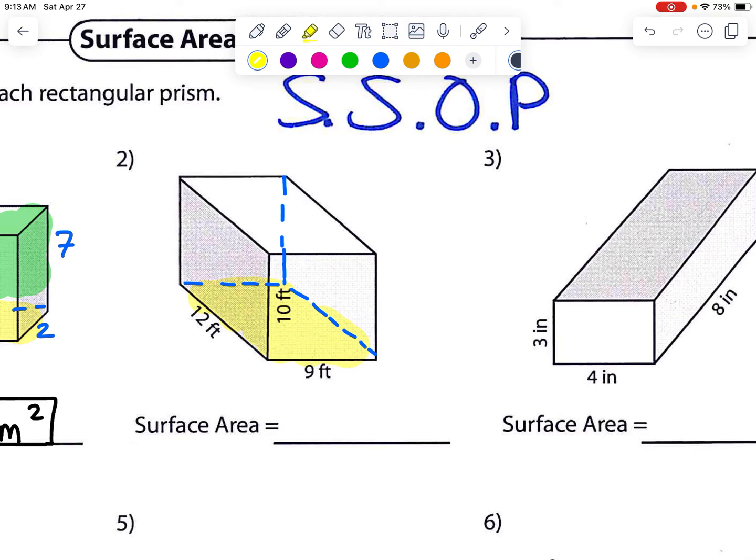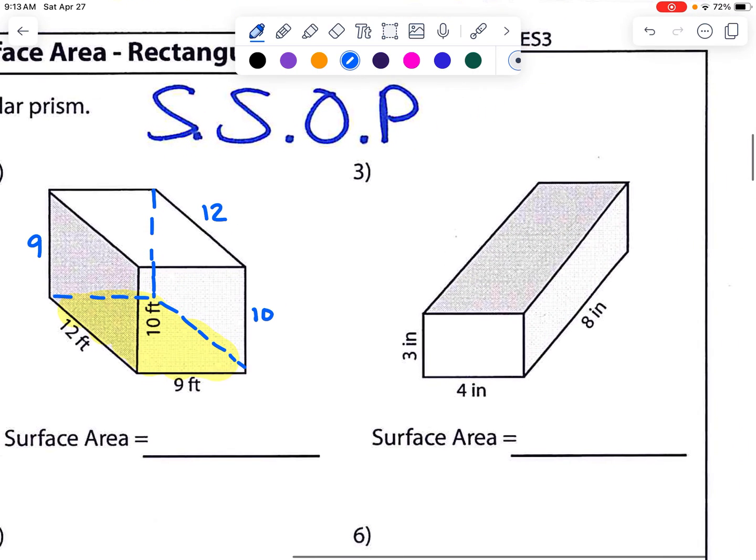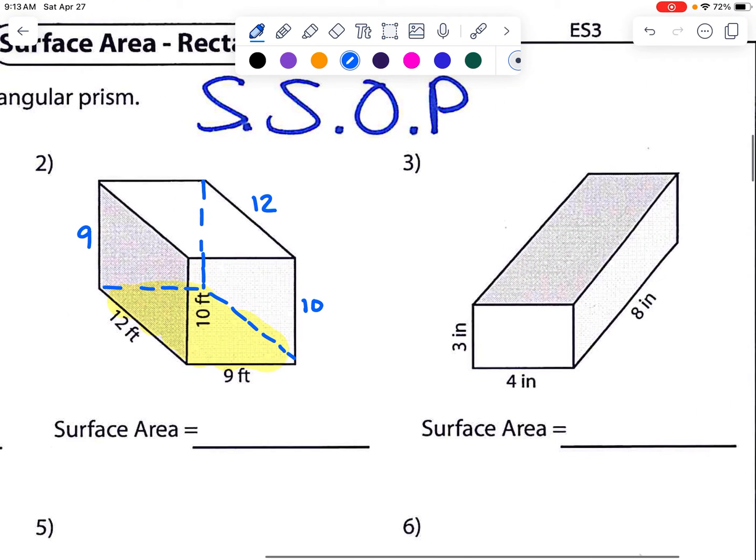Okay, and also let's throw in some more numbers because if this is 12, so would be this one. This would be 10. This would be 9, you know? Okay, so the bottom. And again, ladies and gentlemen, please, I don't have space here. I need you to go on a separate sheet of paper, please.